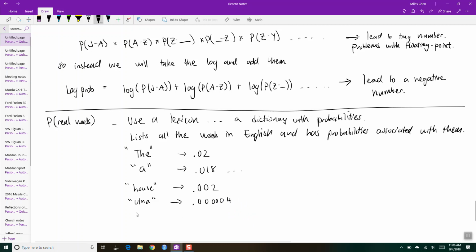And then we also need, for XJPQ, this is no entry. So words that have no entry. Now, what we want to do is not give this a 0 probability.